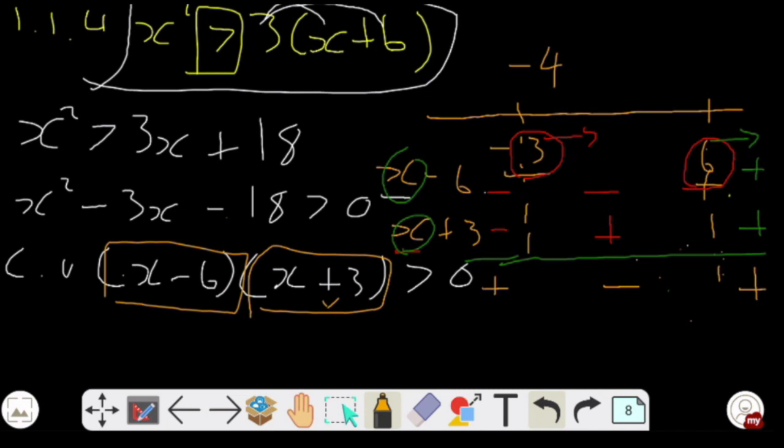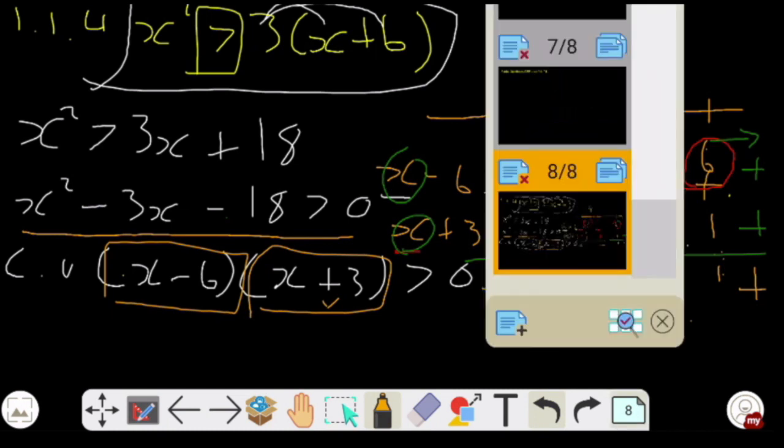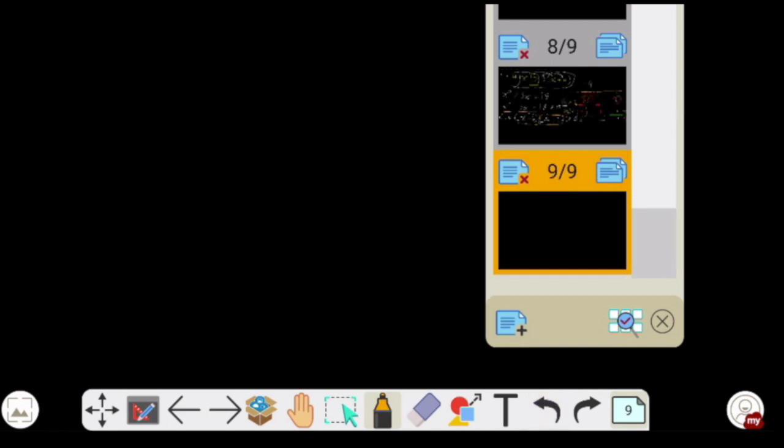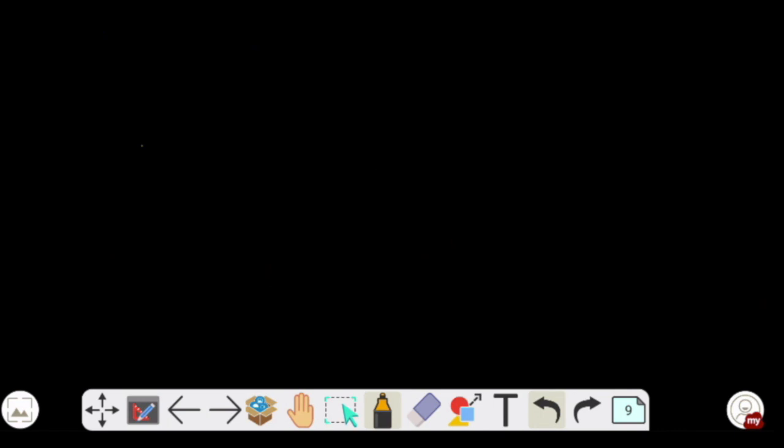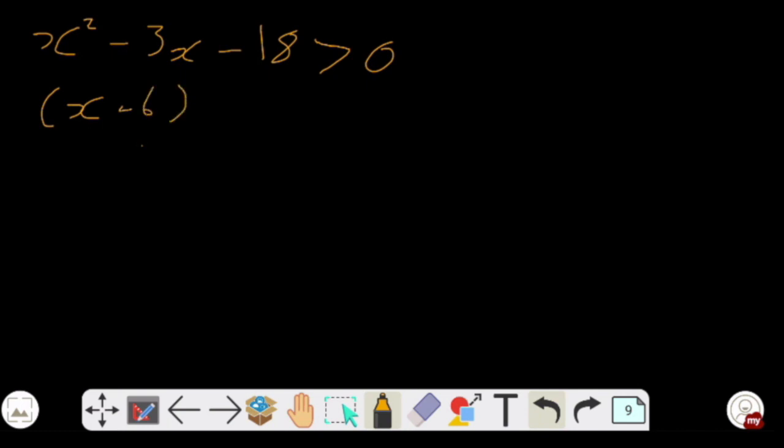Now we go back to our equation, let me rewrite it down: x squared minus 3x minus 18 greater than 0, and our critical values were x minus 6, x plus 3, greater than 0.